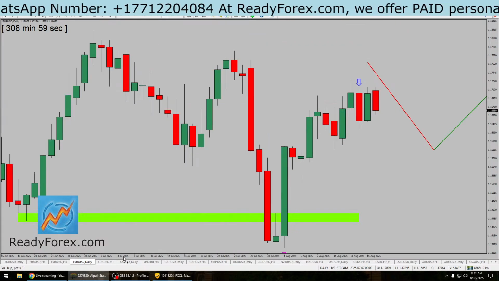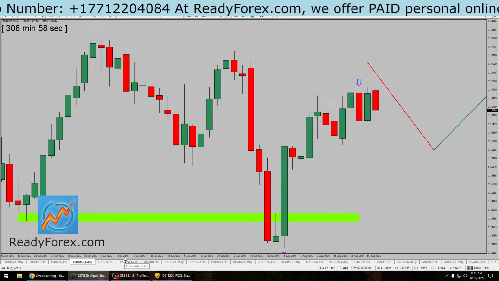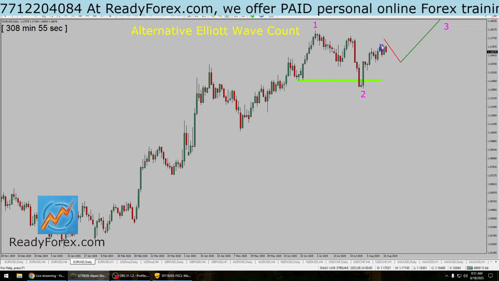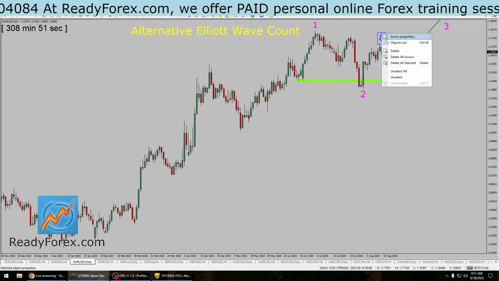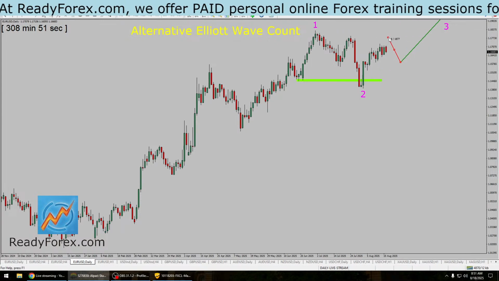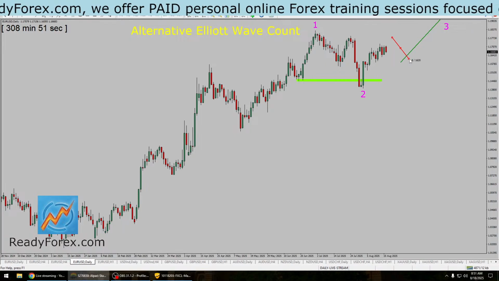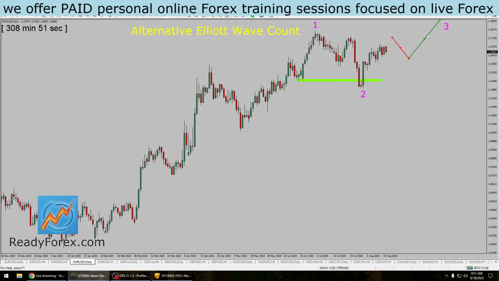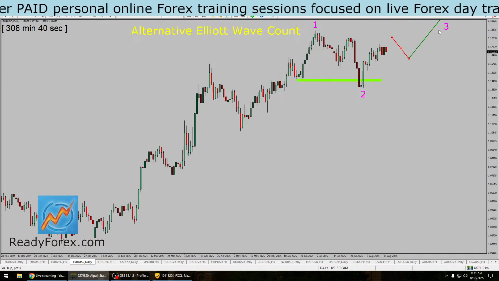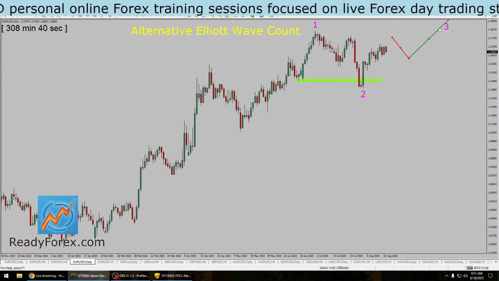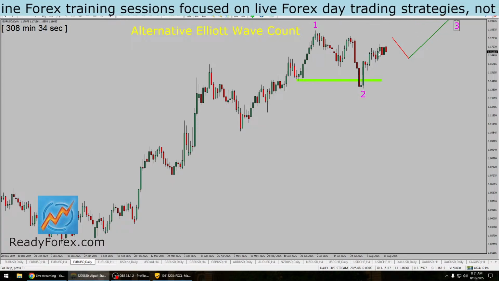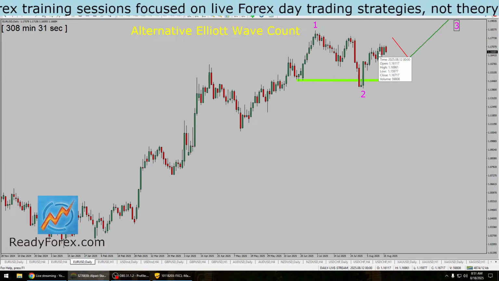Before I discuss it, this one is known as the alternative Elliott wave count. The alternative Elliott wave basically suggests that the market wants to rise up a little bit, then drop a little bit as well, and then overall it's going to provide us a bullish three leg move to the upside. This alternative count suggests we are probably going to get a deeper pullback.